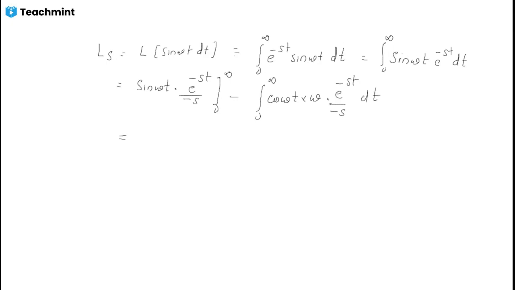So upper minus lower. e raised to minus infinity is 0. So this term is fully 0. Sin 0 is 0. So here no values here. So minus minus plus omega by s into integral 0 to infinity e raised to minus st cos omega t dt equal to omega by s into LC. Okay.